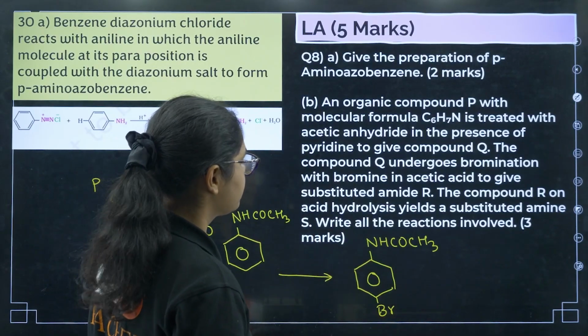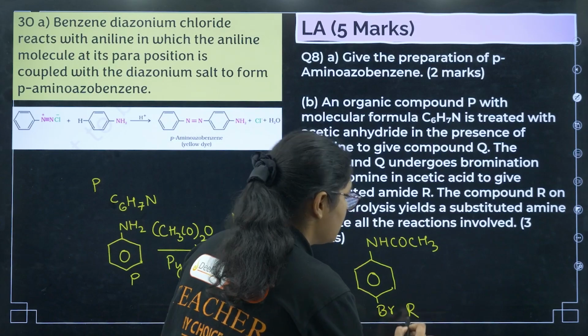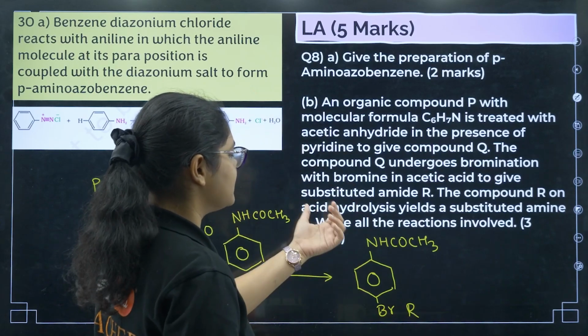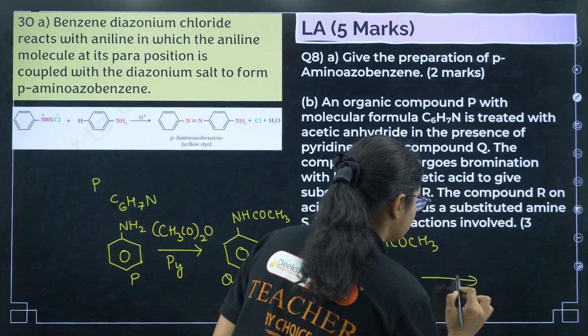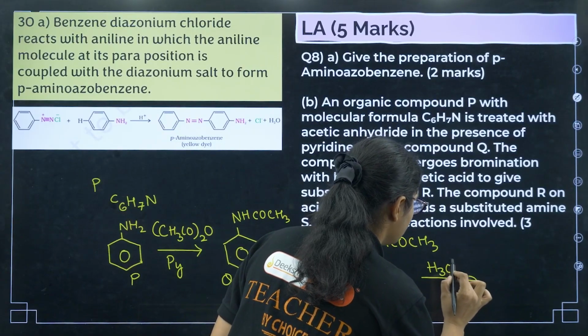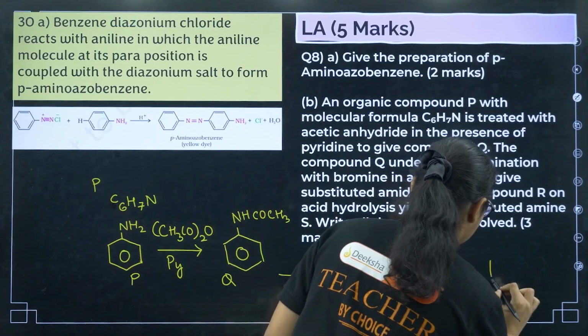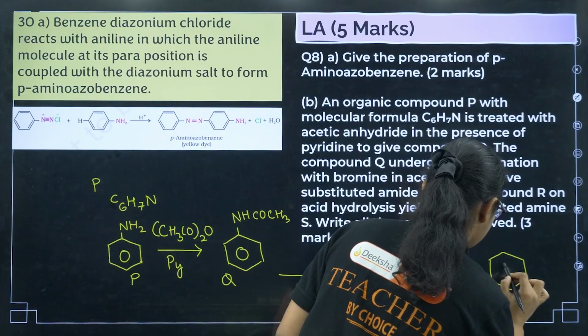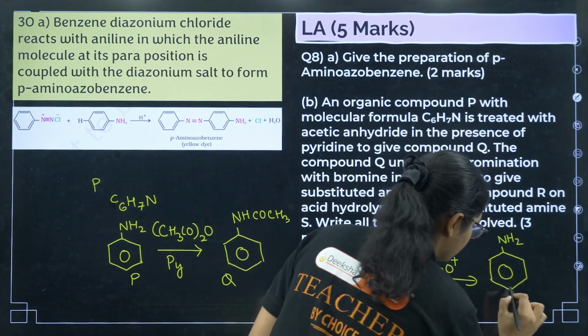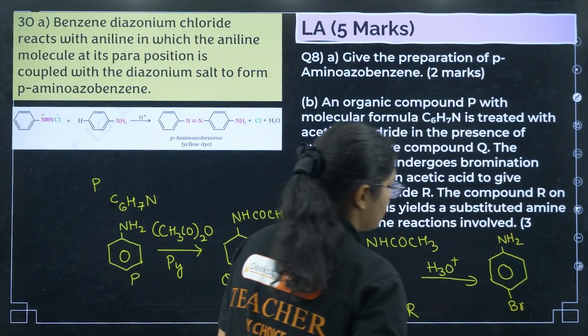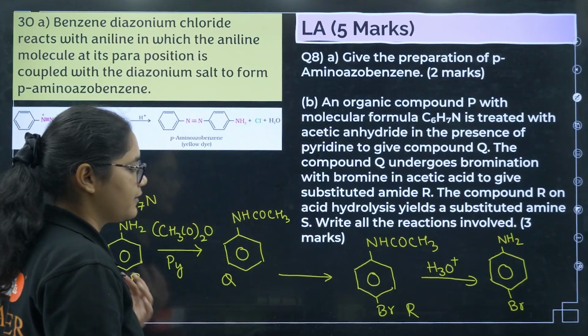This is your R. Now the compound R on acid hydrolysis yields a substituted amine S. If you just do acid hydrolysis, we will get back the NH2, so NH2 with Br.